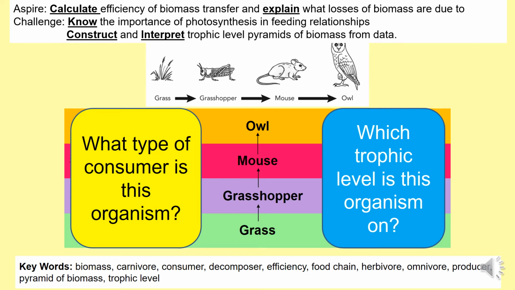If you look at the second one, just think about what word you would use from the table to describe the grasshopper. Okay, so my thinking goes that a grasshopper is a herbivore.